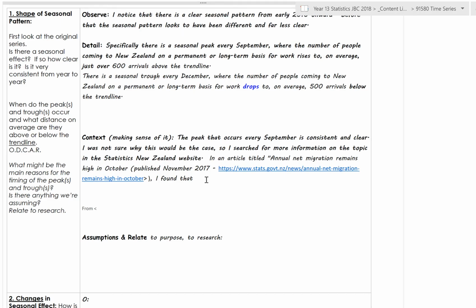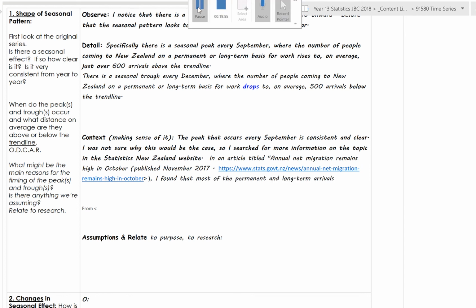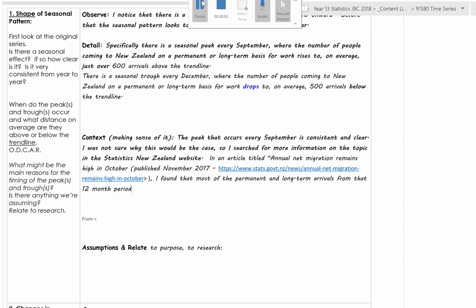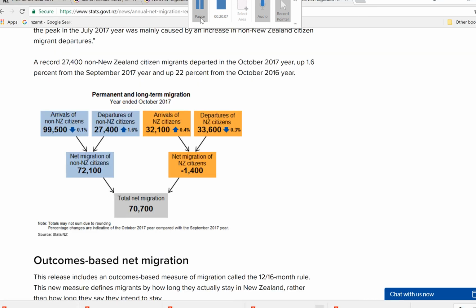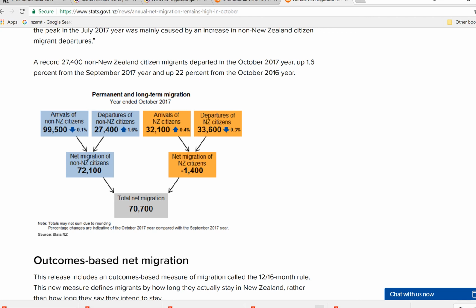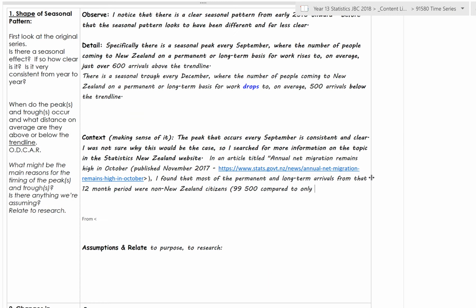So most of the permanent and long-term arrivals from that 12-month period were from non-New Zealand citizens, 99,500 compared to only 32,100 returning New Zealand citizens.